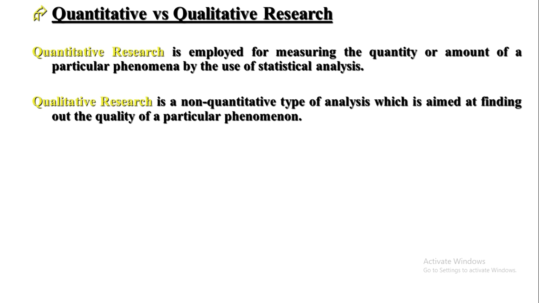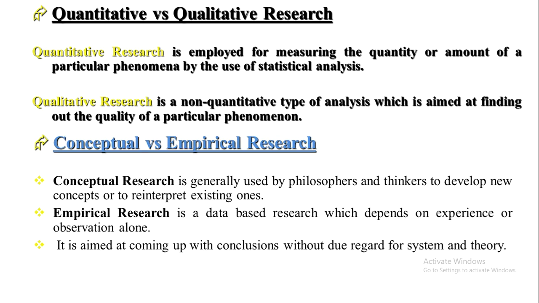Research is also found as qualitative or quantitative. Quantitative research is employed for measuring the quantity or amount of a particular phenomenon by use of statistical analysis or statistical tools. But qualitative research is non-quantitative analysis aimed at finding out the quality of a particular phenomenon or situation.